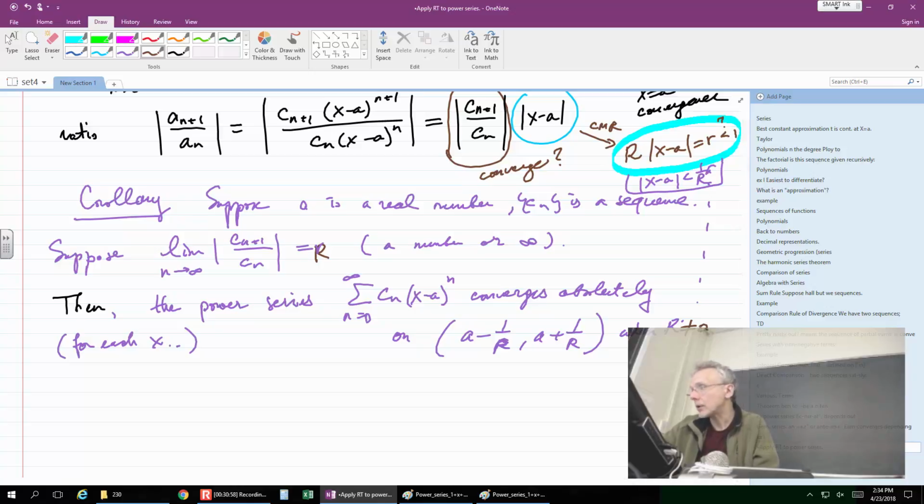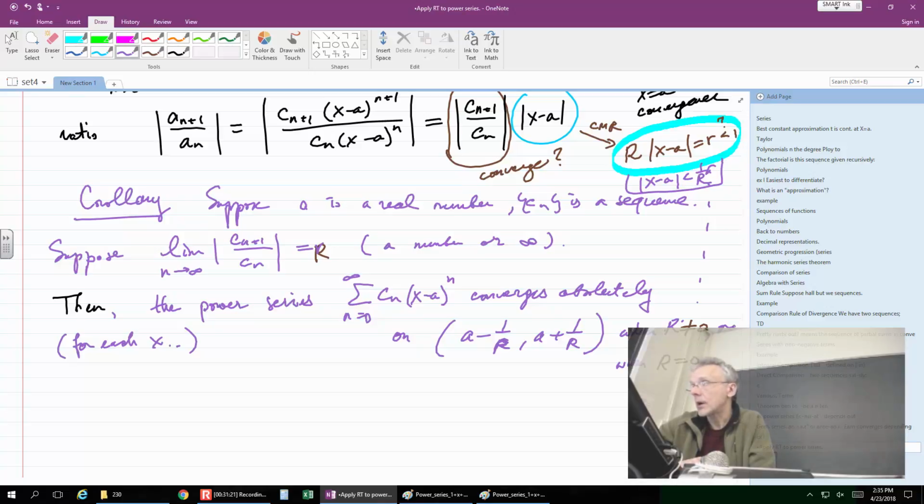When R is equal to 0, then the answer is, as you can guess, what's the answer? Well, look at the inequality. What if R capital, our limit, is equal to 0?